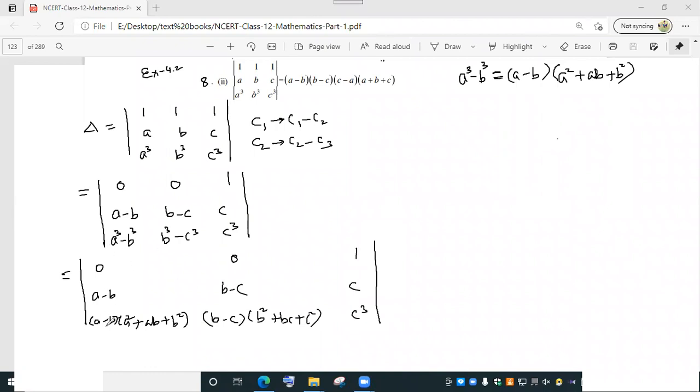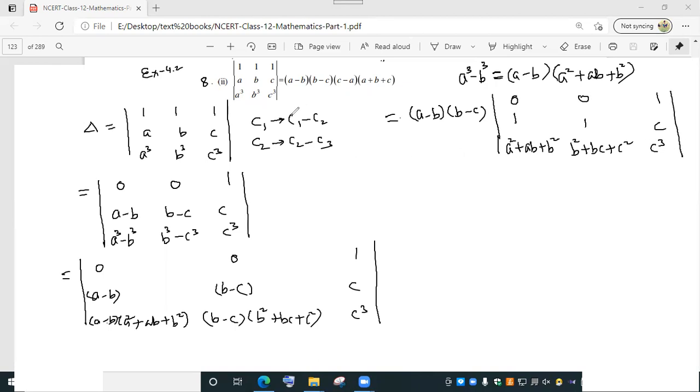Now you can see in the first column a minus b is common, and in the second column b minus c is common. So after taking out a minus b from C1 and b minus c from C2, we get 0, 1, a square plus ab plus b square; 0, 1, b square plus bc plus c square; and the third column as it is.